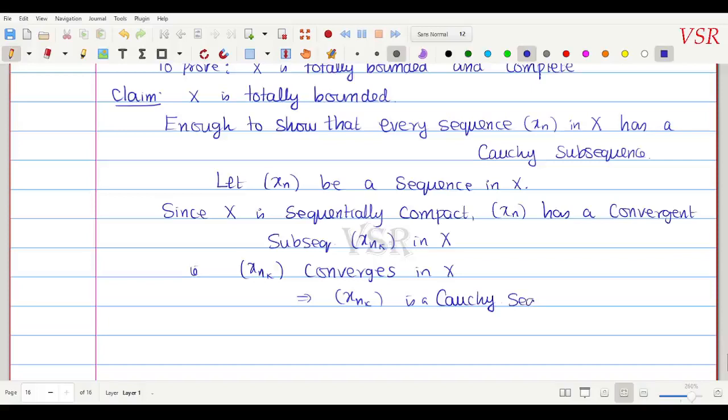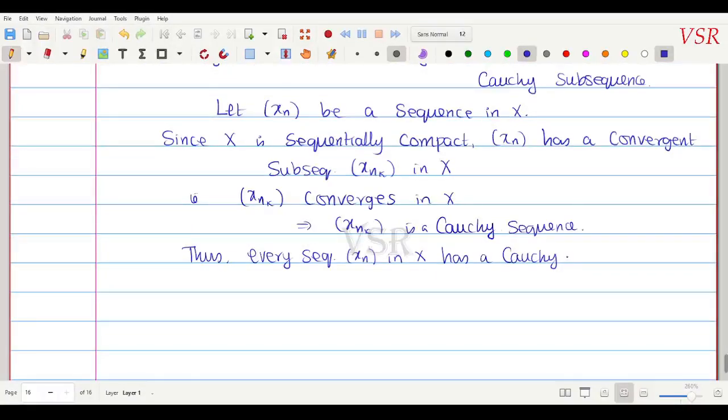Thus every sequence xn in capital X has a Cauchy subsequence. So this implies that capital X is totally bounded.